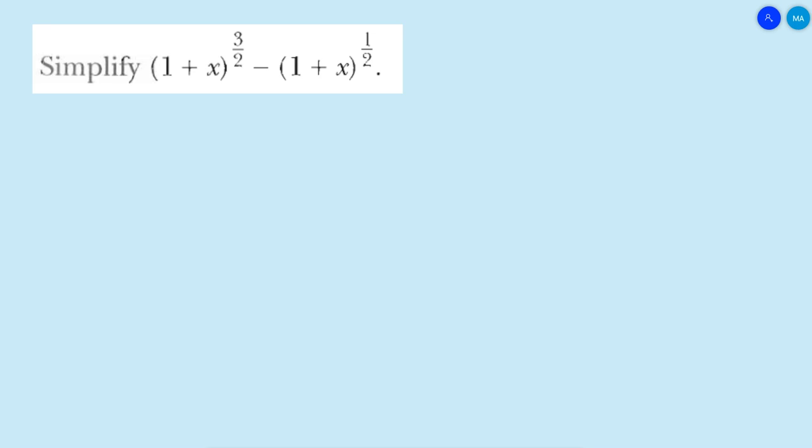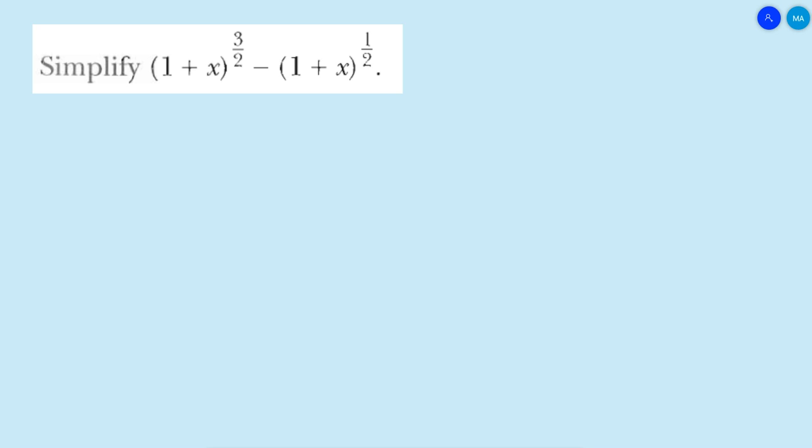Question number 7 is, simplify (1 plus x) to the power 3 upon 2 minus (1 plus x) to the power 1 upon 2. So student, how can we simplify this? It's very easy.